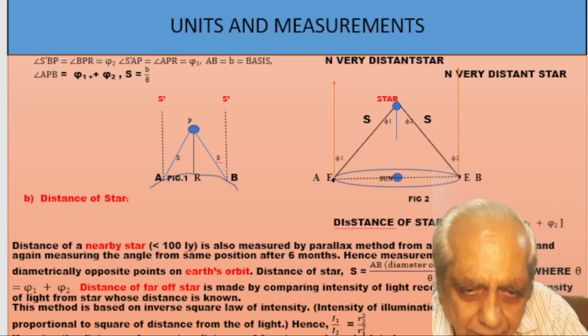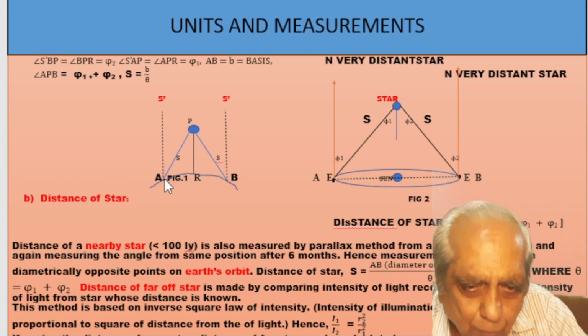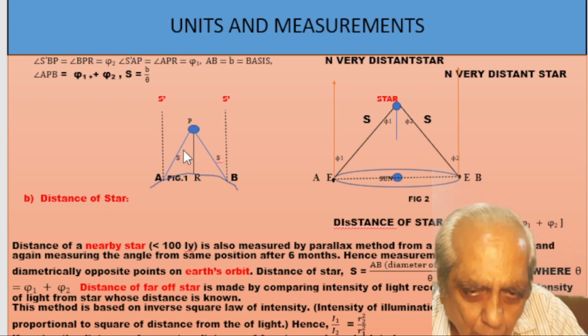See, I have drawn the Earth, a full sphere. I am standing somewhere here at point A and I am observing P. This is the planet or moon that I am observing. So from A my line would be AP and the distance is S. This is the distance S of the planet from the Earth.